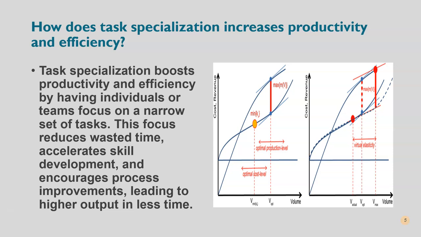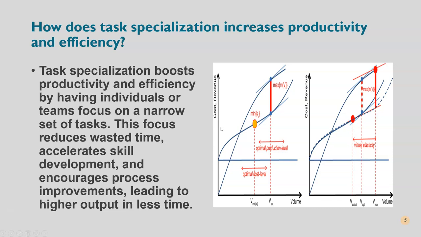So the question: how does task specialization increase productivity and efficiency? Task specialization boosts productivity and efficiency by having individuals or teams focus on a narrow set of tasks. This focus reduces wasted time, accelerates skill development, and encourages process improvement, leading to higher outputs in less time.